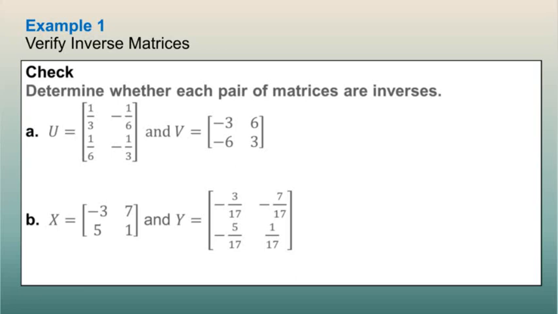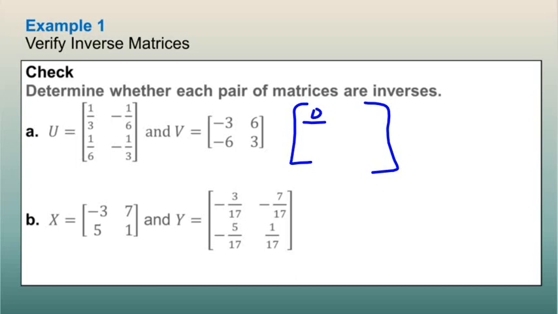Next, here we have ones with fractions. So this again, it's a 2 by 2. So we have 1/3 times negative 3 plus negative 1/6 times negative 6 gives us 0.